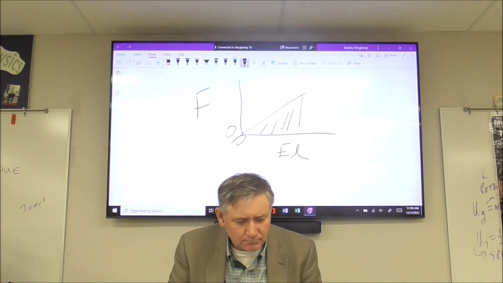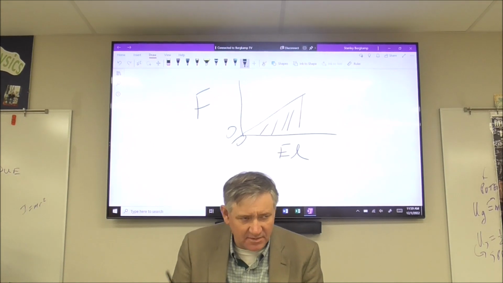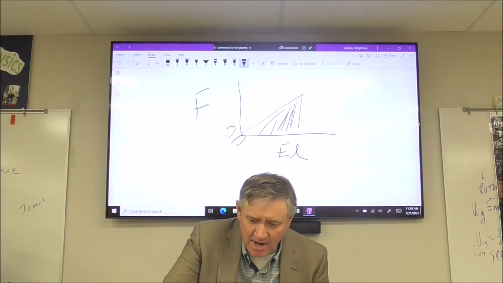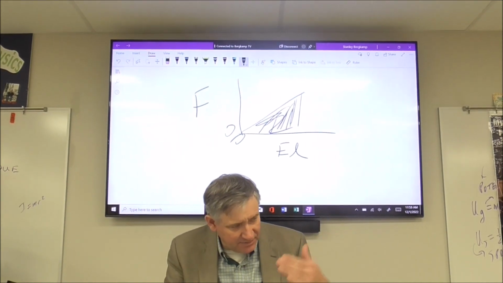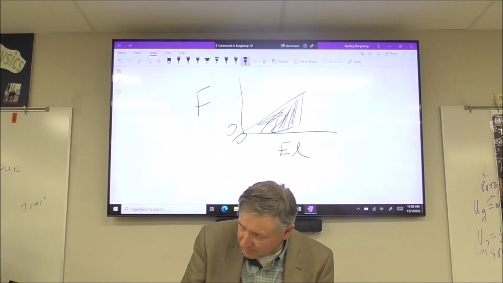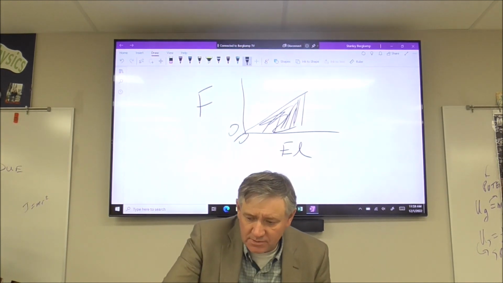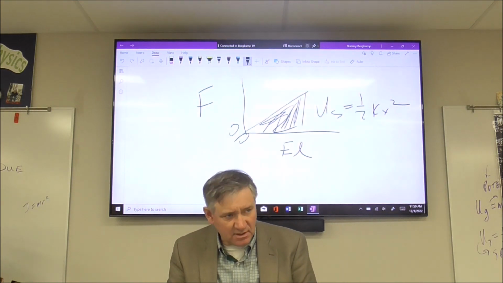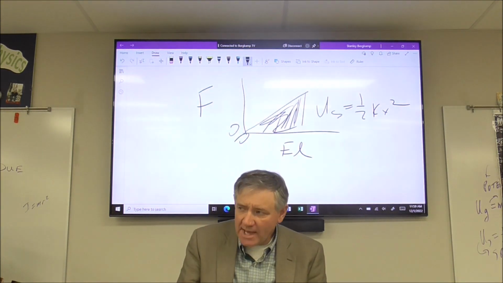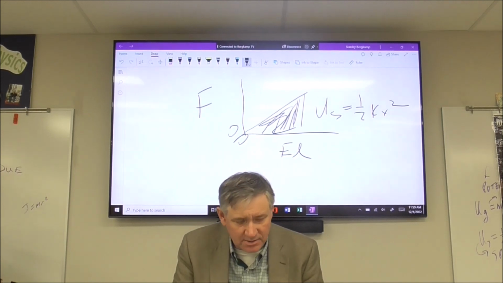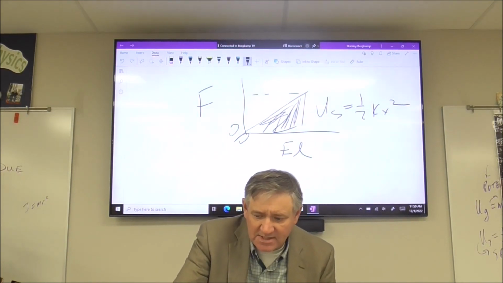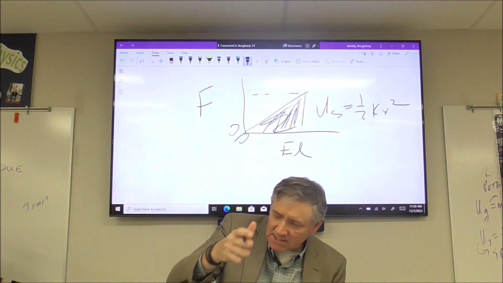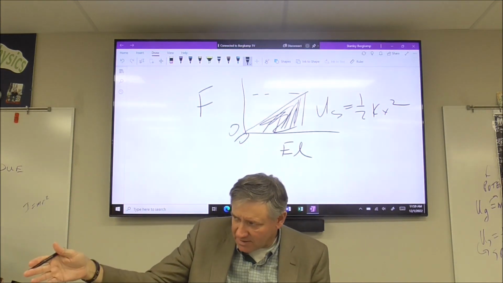Now, when you get to B and want to calculate the work that's done, there are 2 ways you can do this. You can go to your graph and find the area underneath that line, which represents the work, or you can calculate 1/2 kx squared, where x is your elongation. What you cannot do is treat this as a rectangle and just take that force times the elongation, because it isn't the same amount of force acting over that entire length.